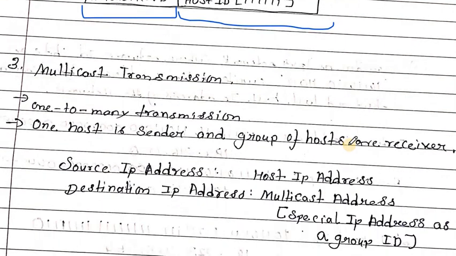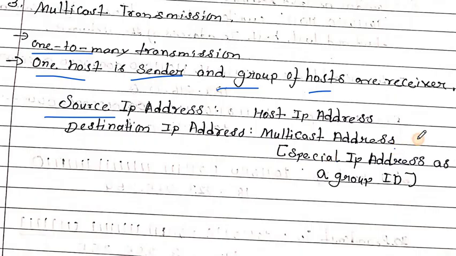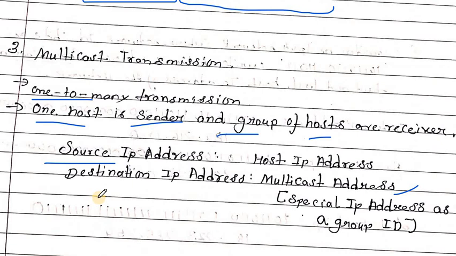Then the multicast transmission is one-to-many transmission. One host is the sender and a group of hosts are receivers. Here the source IP address is the host IP address and the destination IP address is a multicast address.